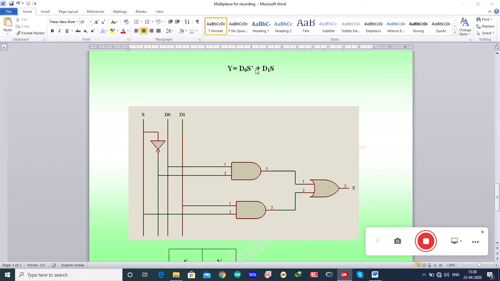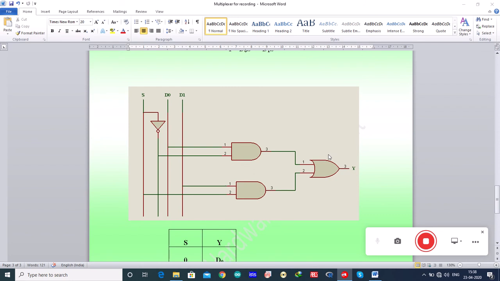Both these are ORed together, that is the outputs of these AND gates will be given to the OR gate. So Y is D0 S complement and D1 into S, both are given to the OR gate. This is the circuit diagram of the 2-to-1 multiplexer.